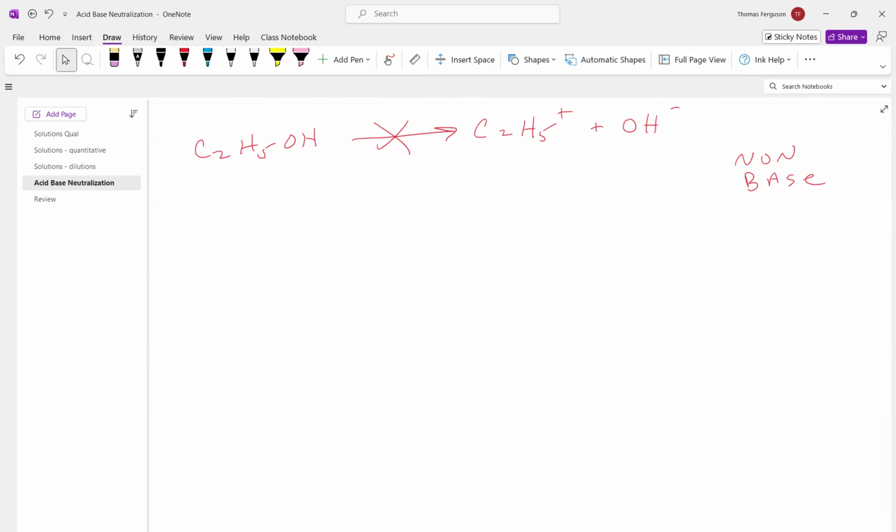So non-base is unstable, and instability makes a non-base a non-base. Instability makes a base a base. Stability makes the reaction happen. Right. Gotcha.